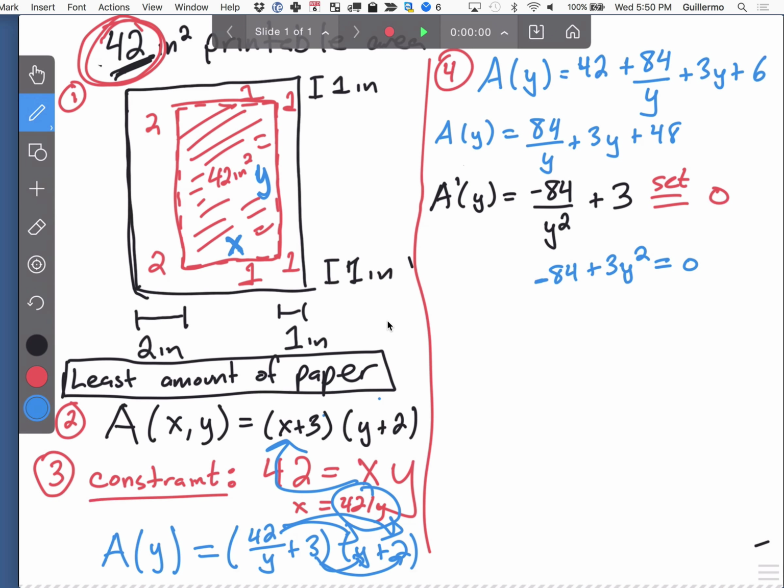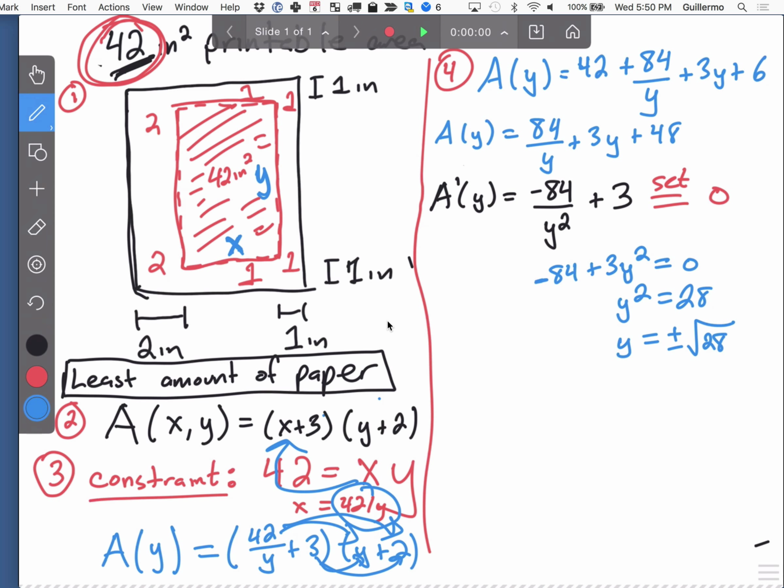And then, what would y squared be? 84 divided by 3? What's 84 divided by 3? 28, yep. So y is equal to plus or minus square root of 28.